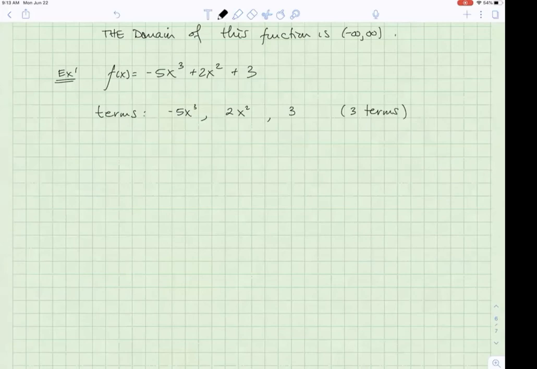This particular polynomial is in descending order, so when we write polynomials, we often write them in descending order. That is to say, from left to right, the powers of x decrease.